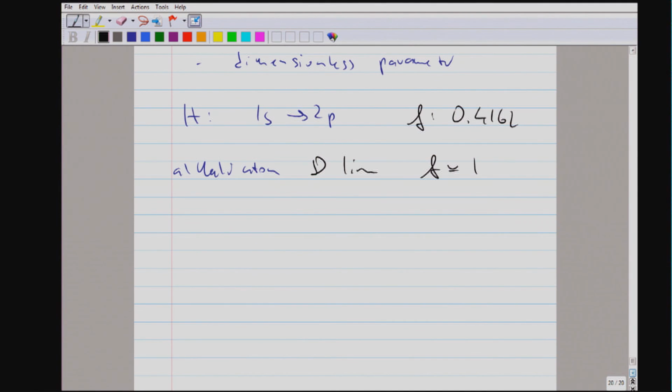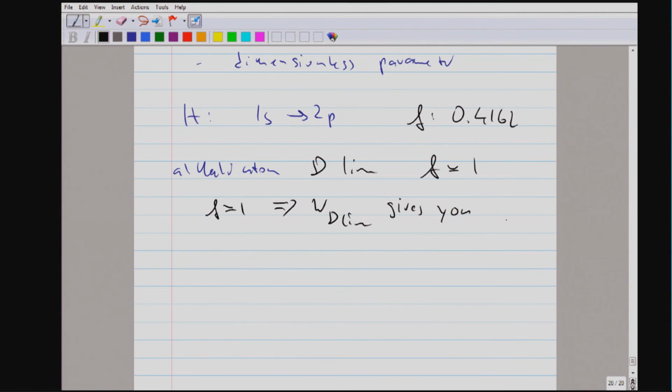So if you use for the alkali atoms F equals 1, then simply the transition frequency of the D line gives you the polarizability alpha, and as we will see later, because we haven't introduced it yet, it will also give you gamma, the natural line width.